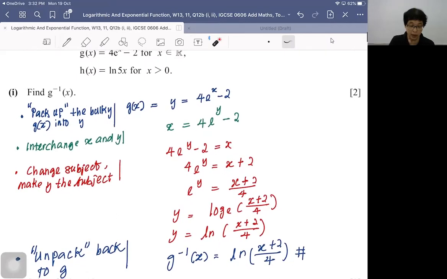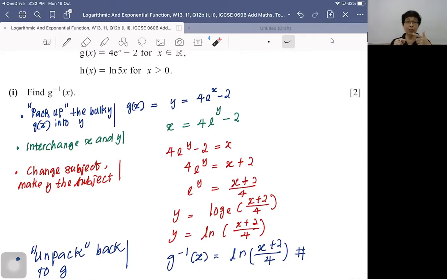Step 2 is interchanging x and y. Why do we need to do that? As you already know, g(x) and the inverse of g simply mean that whatever the input of g(x) eventually becomes the output of the inverse function, and whatever the output of g(x) is going to be the input of the inverse.